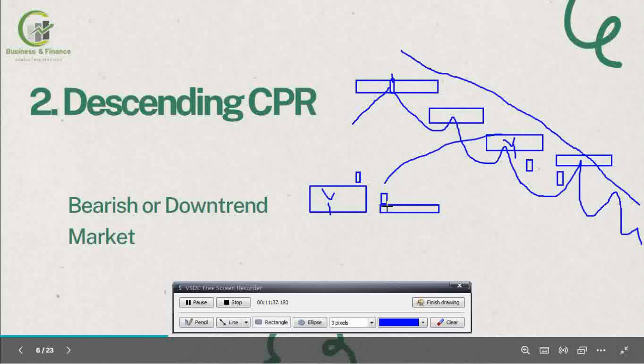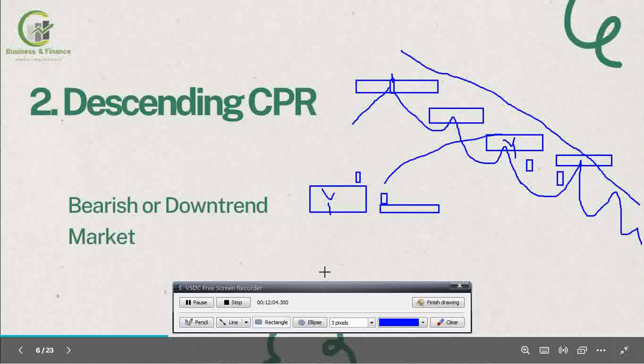So now you have to avoid going on the selling side. Either wait for the candlestick to close below the CPR and see whether the CPR acts as support or resistance, then only you can go for that. You can go with the trend in the bearish way.